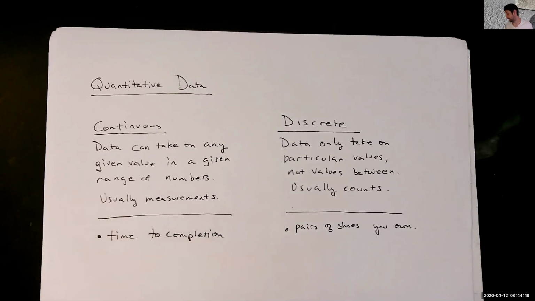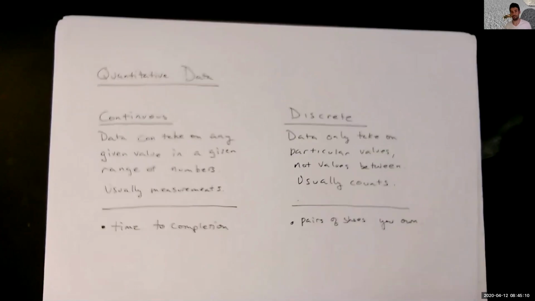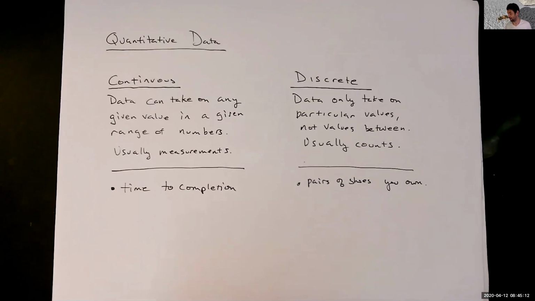We're only limited by our measuring device, so somebody might have 60 seconds, but you could have 60.3 seconds or 60.3344125 seconds. There's no limit to how small I can divide time up, or at least we don't think there is. We're not going to get into the nature of the universe too much in this course.